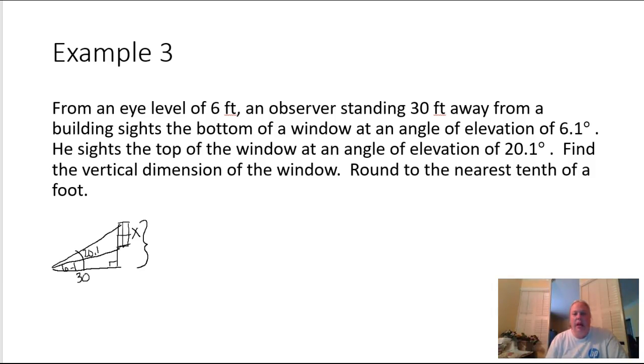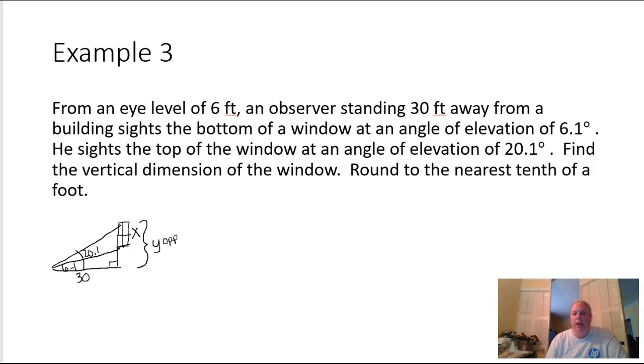We have a side and we have an angle, which means we can do this. With respect to my 20.1 degree angle, this side over here, we can just call it y, is opposite from it.